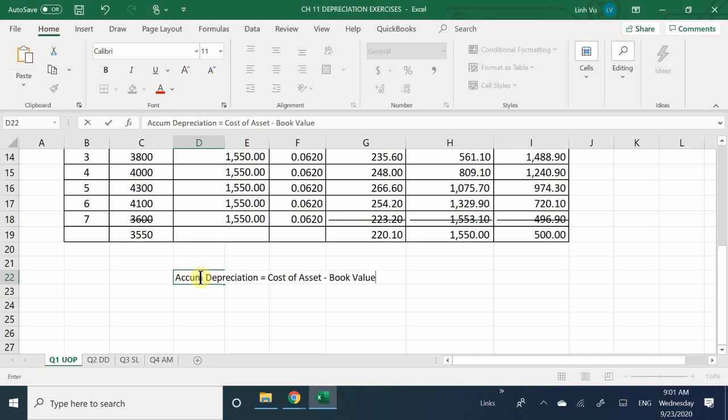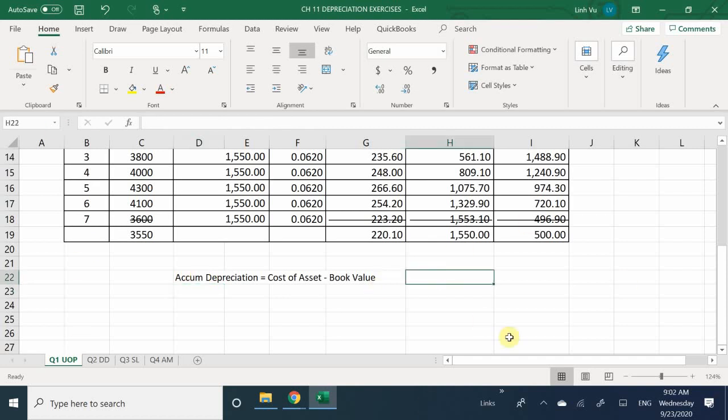Right? That's how you solve for accumulated depreciation. So once he plugged in those numbers, in this case, we figured that the asset cost is going to be 2050 minus the 500, which should give you a total of 1550. Okay?